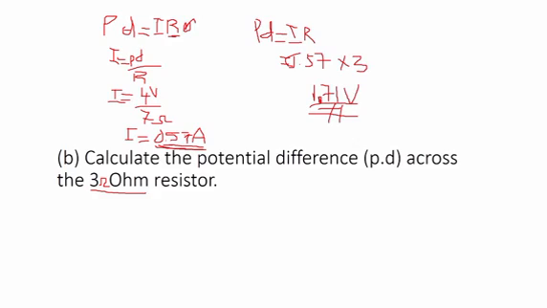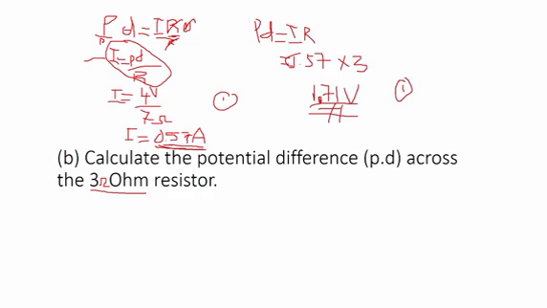So this question was carrying 2 marks. Here we have 1 mark, and for this one we also have 1 mark. In case you got lost here, what I did is I made the subject of the formula by dividing by R on both sides. Current, alone, is equal to potential difference over resistance.